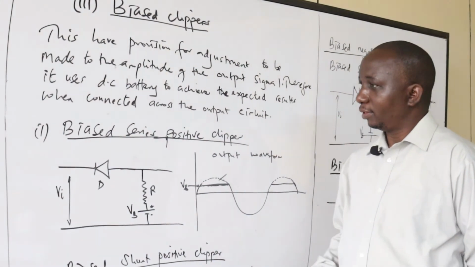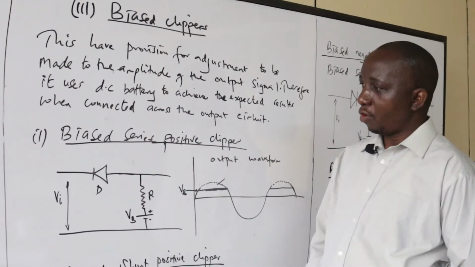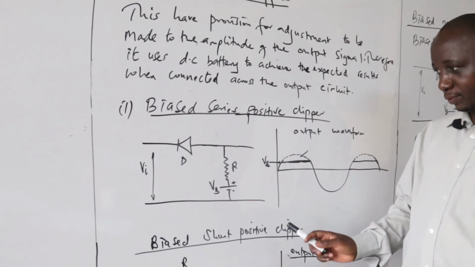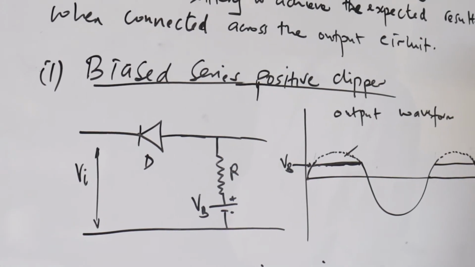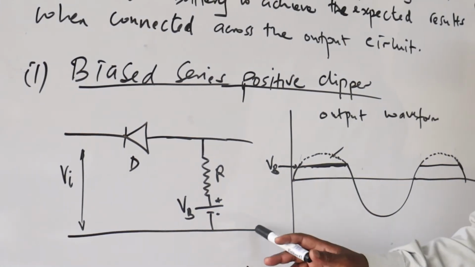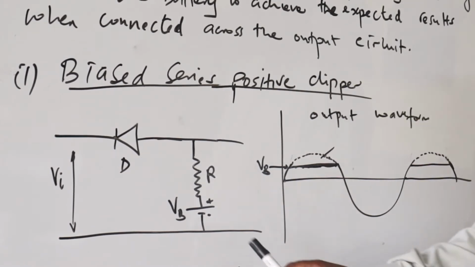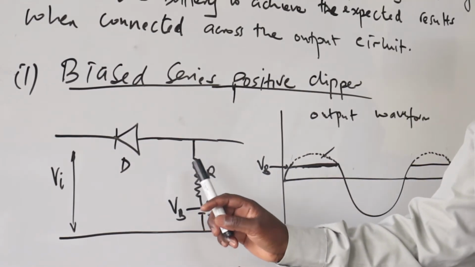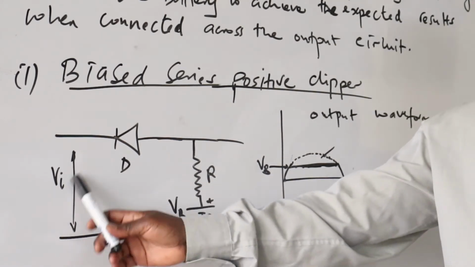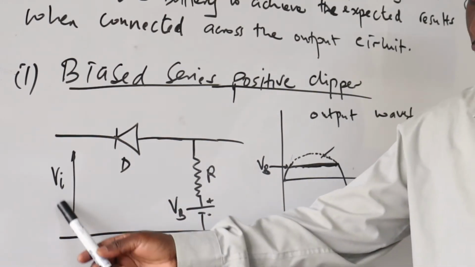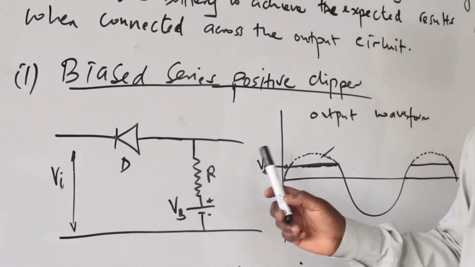So this is a biased series positive clipper, and when we talk of biased, we are having a voltage applied in series at the output terminal. That's what I described earlier. When it is positive, the diode tries to forward bias, and because there's another input here, the input must be greater than the biasing voltage so that we get clipping.